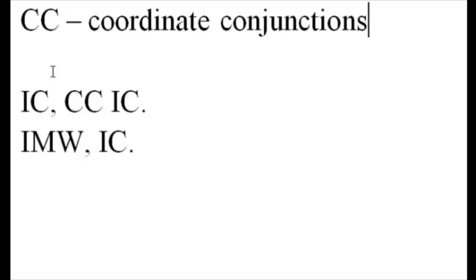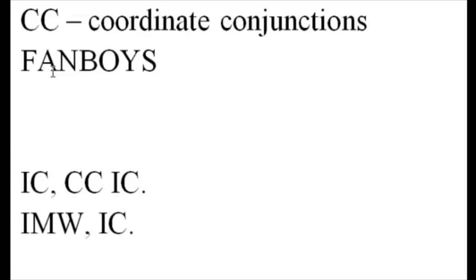CC over here on the bottom, this is the one that we're doing. CC is in grammar jargon, and jargon means technical terms, right? CC is coordinate conjunctions. Okay? Now, what are they? A lot of kids memorize it this way, fanboys. And if I say fanboys, I know some of you are already going to know what this means, right?